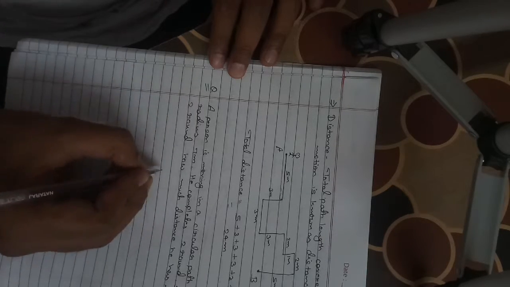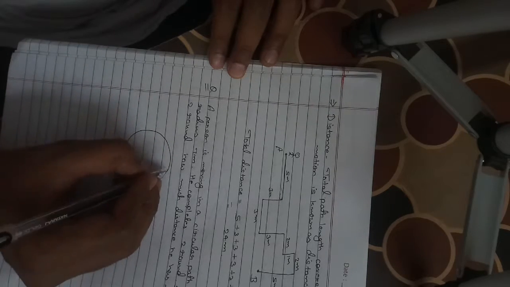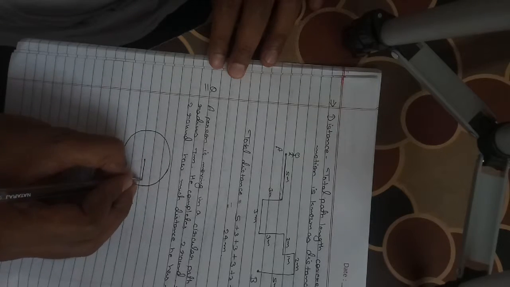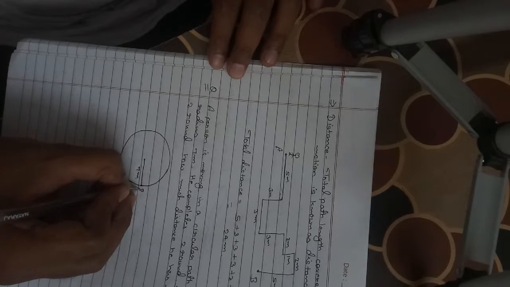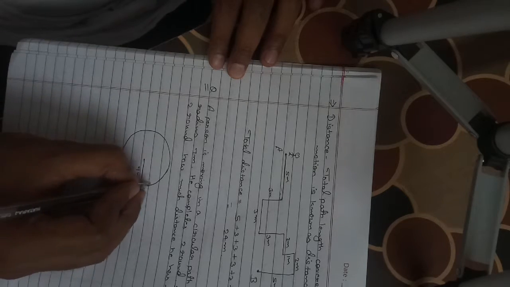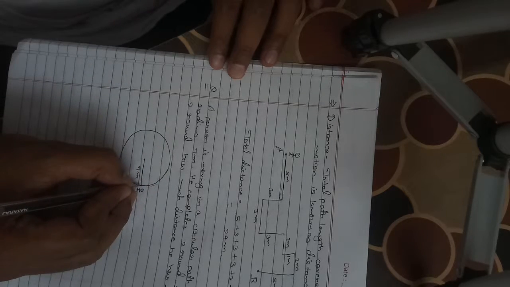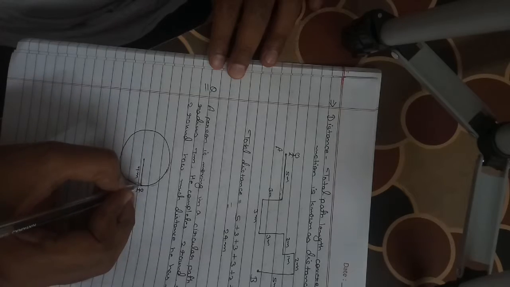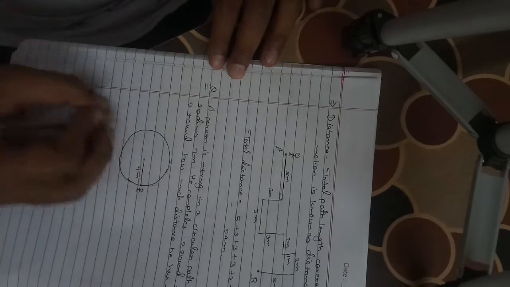So at this point we can simply say that if there is a circle and the radius is 7 meters, the person has started moving from this point and he has moved 1 round and then another round. In a circular path, 1 round is simply the perimeter of the circle.